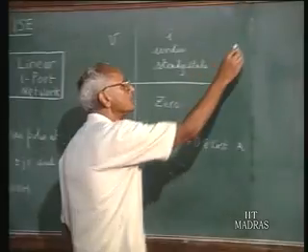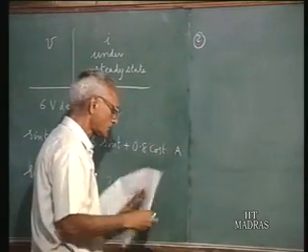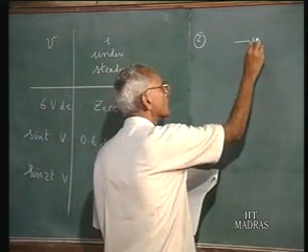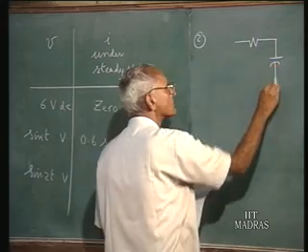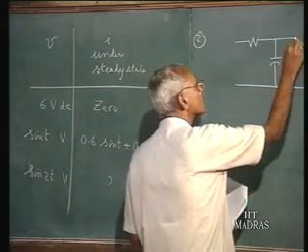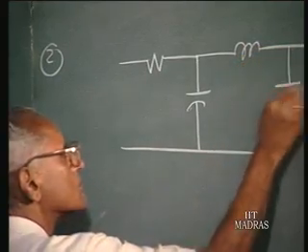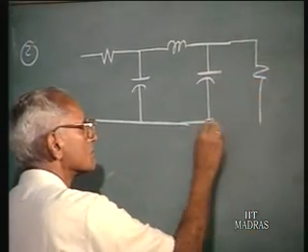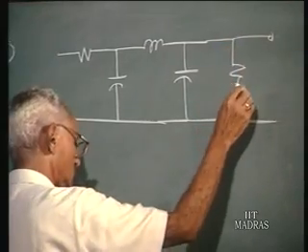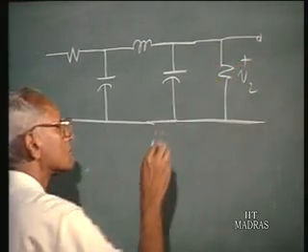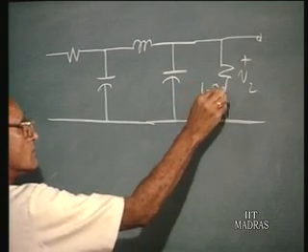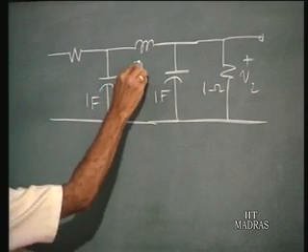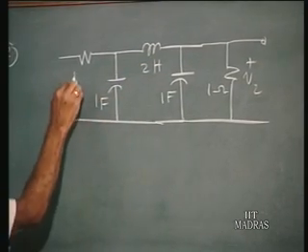Second example. You have a 2-port network of this configuration: 1 ohm, 1 farad, 1 farad, 2 henries, 1 ohm.